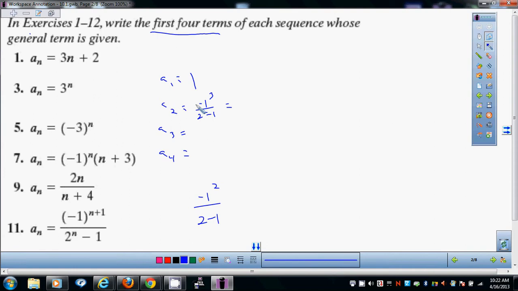Negative 1 over 3. All I did was plug 2 in for n. I'm on number 11 right now. Yes, number 11. A sub 3. Well, actually, why don't you try a sub 3 and a sub 4 and see if you get the right thing. And I will also do that and see if we get the same thing.